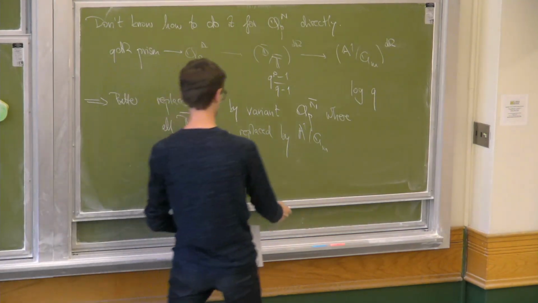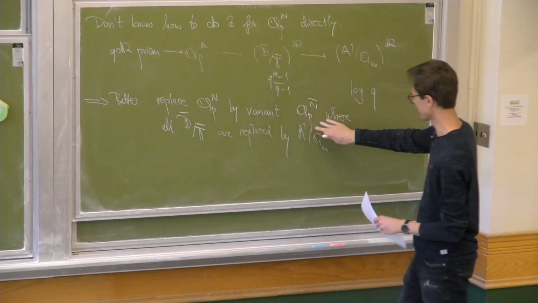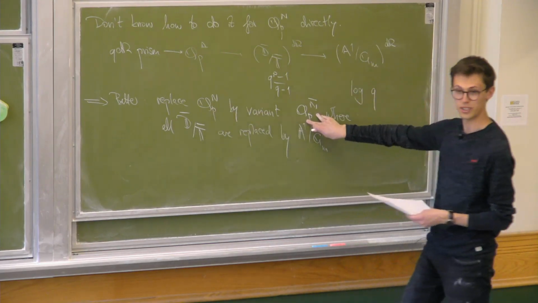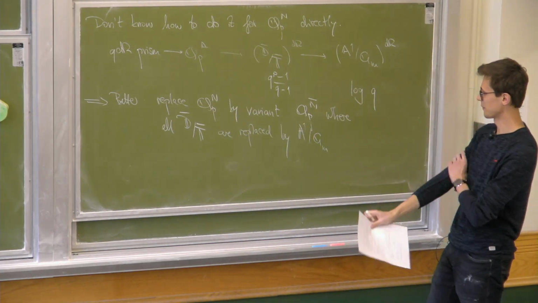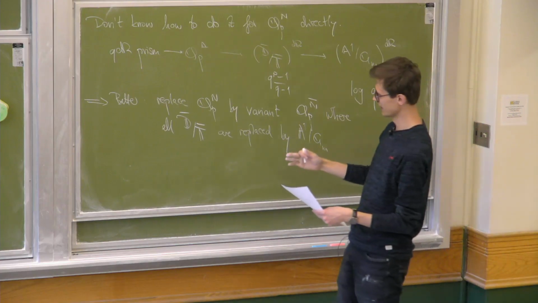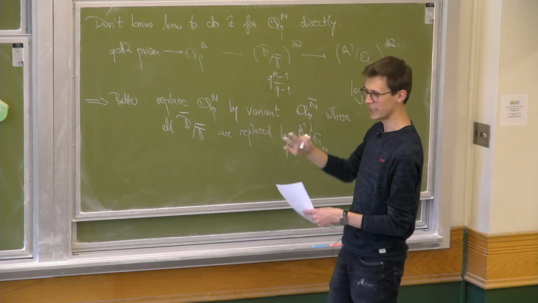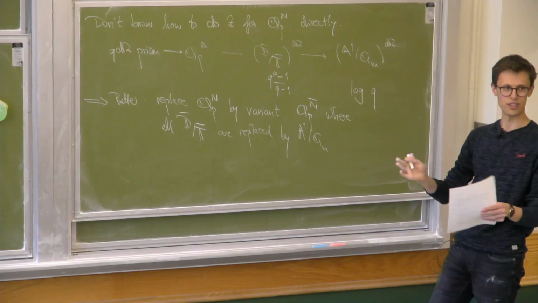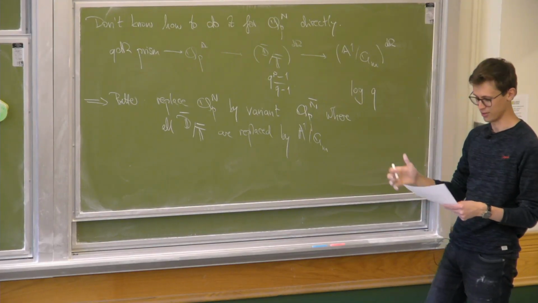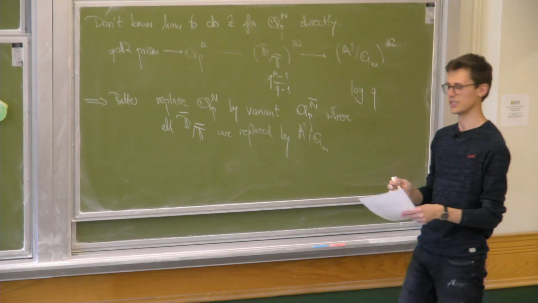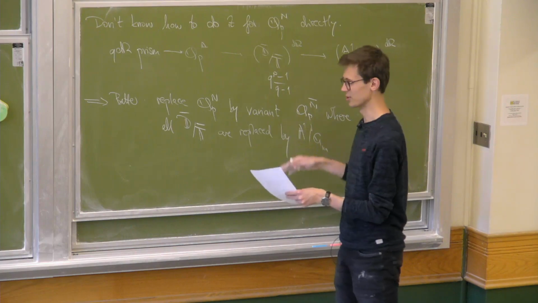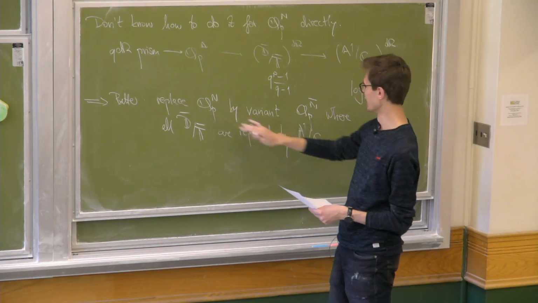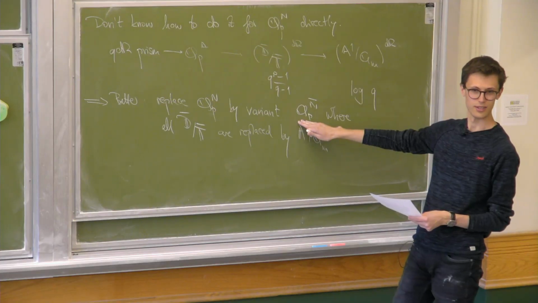And you can also convince yourself that it's not too bad to do this, because this QPN maps to QPN bar, and this map is basically a torsor for the Betti stack of 0 infinity, up to restricting to some closed substack. So in particular, if I want to use this presentation to understand things like cohomological smoothness of QPN, understanding this reduced version is good enough.